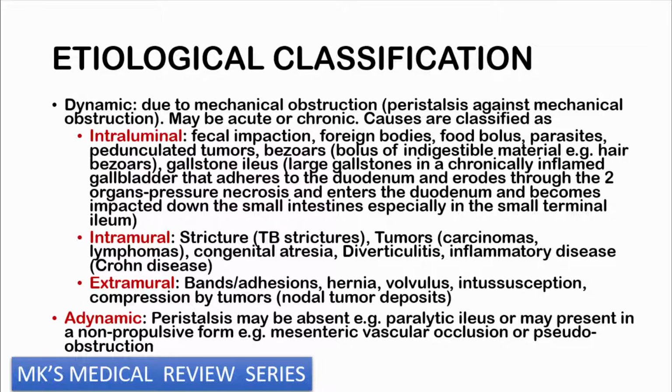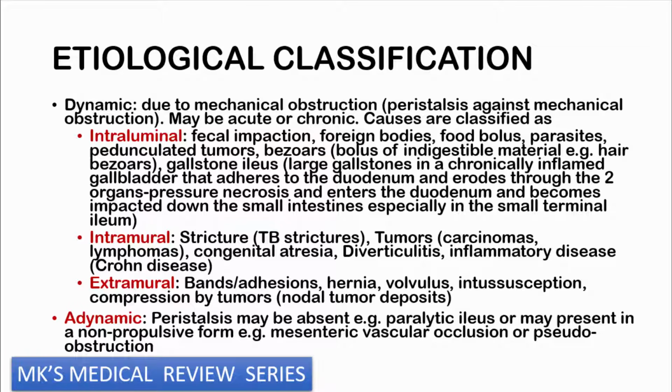That very large stone, causing pressure necrosis on these two organs, can erode into the wall of the gallbladder, erode into the wall of the duodenum, and the stone will then get impacted down in the small intestines when it enters the duodenum and is moved along, causing obstruction. This is very, very common in the terminal ileum.